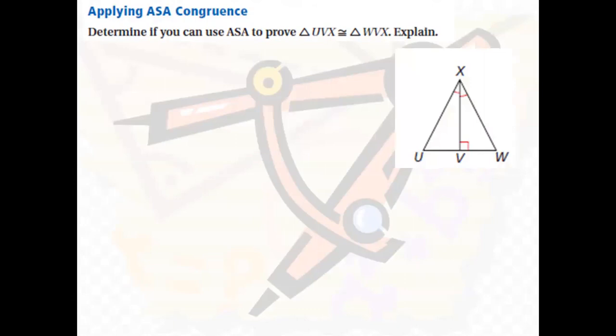Just check if you can prove that triangle UVX is congruent to WVX, and they told you to use the ASA property, which means it should have two angles and the side connecting them. This is what we need to find out: whether in this picture we have two angles and the line connecting them.